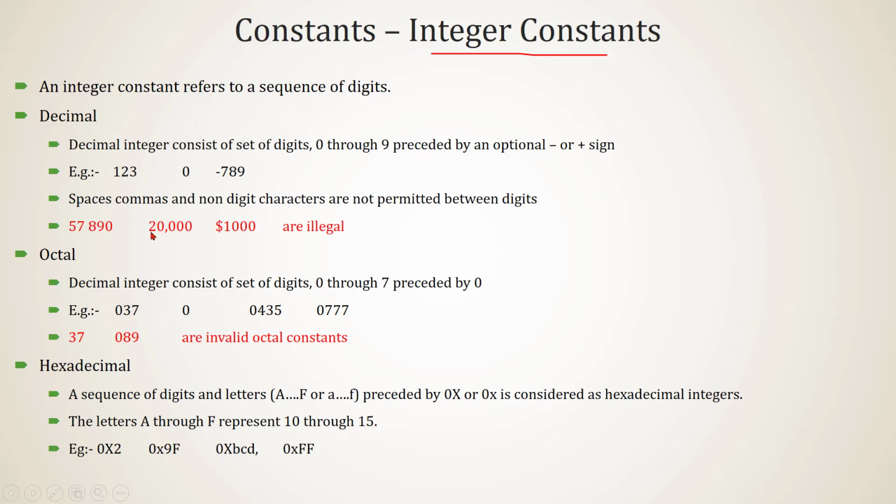Similarly, 20,000 is not valid because of the comma. And $1,000 is not valid because we can't add a dollar symbol; we can only add minus or plus. These three are illegal decimal constants in C.